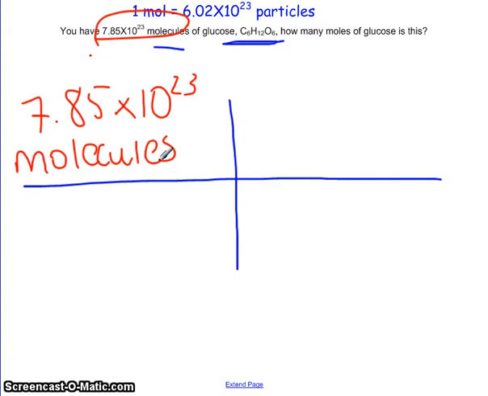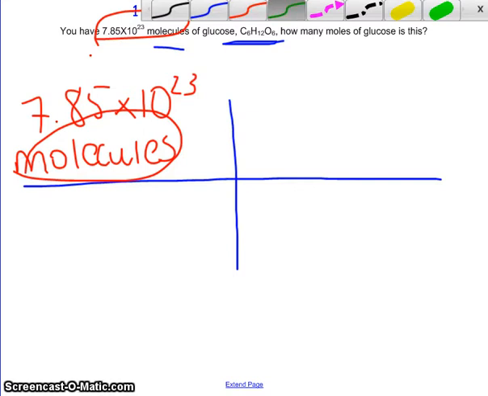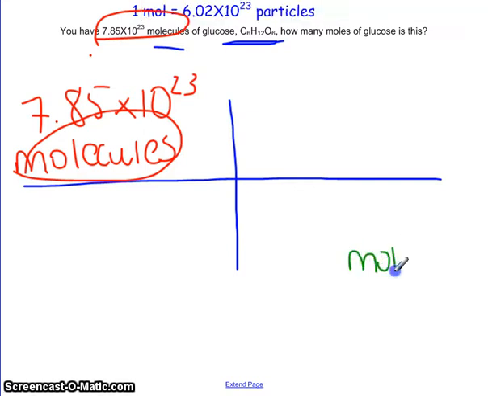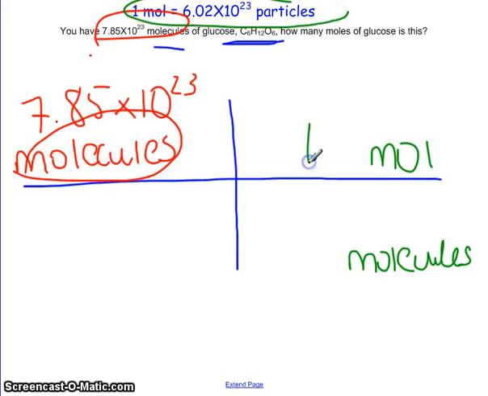If we do our prediction again, if I have 7.85 times 10 to the 23rd, that's slightly larger than 6.02 times 10 to the 23rd. So I should have a little bit more than 1, okay, as my answer. If I have molecules on top here, that means I have to have molecules on the bottom here so that they can cancel out. Molecules. And of course, 1 mole. Looking at my conversion factor up here at the top, 1 mole is going to be equal to 6.02 times 10 to the 23rd molecules.